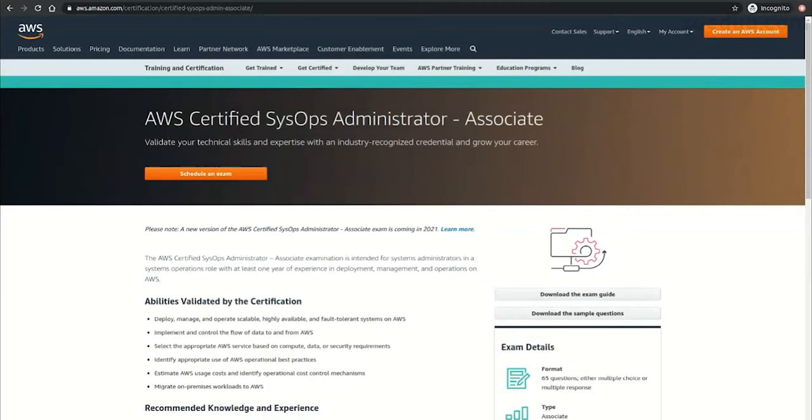Now I am going to talk about some concepts that you should know before going for a SysOps administrator role. One is the ELB metric, which is surge queue length versus spillover. A surge queue length is a count of the number of requests that are pending submission to a registered instance. A spillover count is a count of the total number of requests that are rejected due to the queue being full.